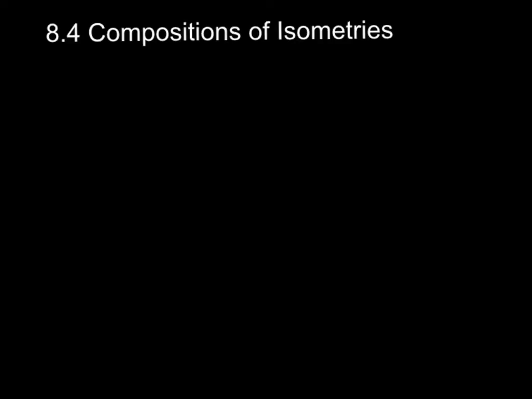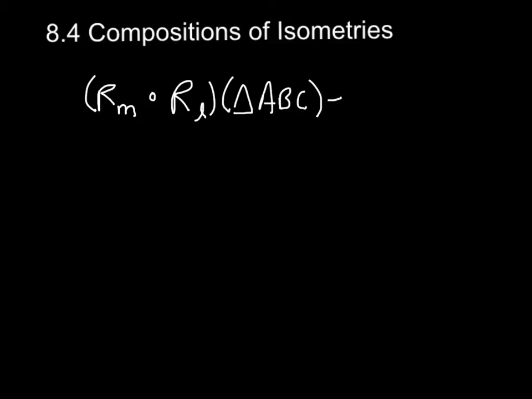On your key concepts on page 533, we're going to actually go over how you say this. So here's what it says. I'm going to write it down first. It says R sub M, composite R sub L, and then triangle ABC, triangle ABC equals triangle A double prime, B double prime, C double prime.